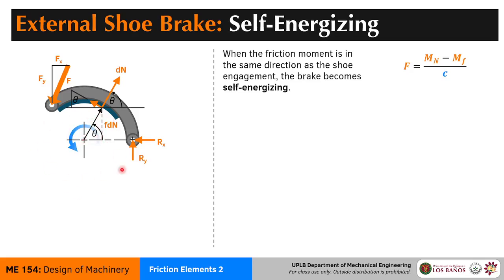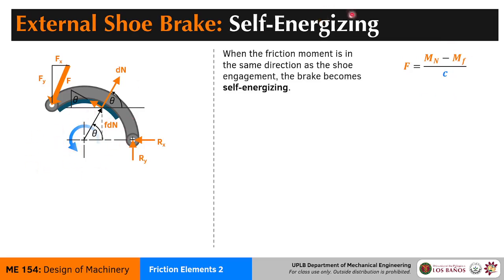The drum is now rotating counterclockwise. So what you notice here is that the frictional force FDN is now in the opposite direction. So it's now acting in this direction. And what you get here is that at the shoe, it is now exerting a counterclockwise moment, while the normal force is still exerting a clockwise moment. So at this point, you have an opposition of moments that the drum is exerting.